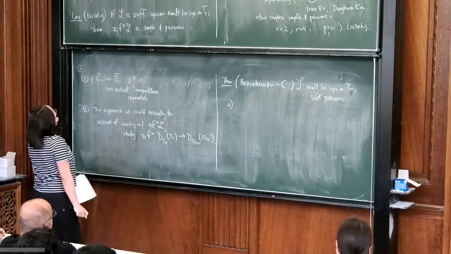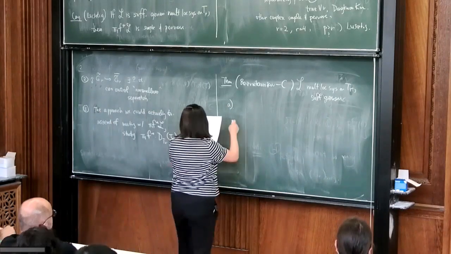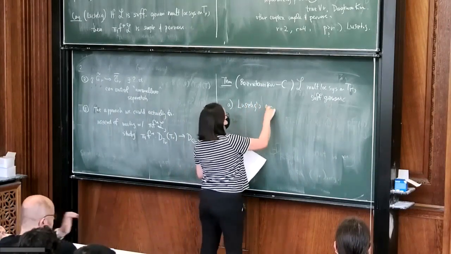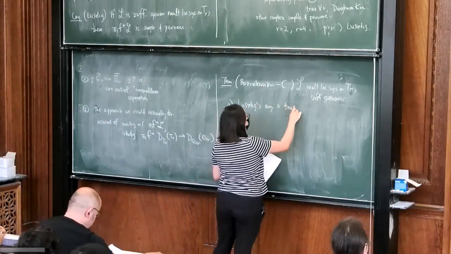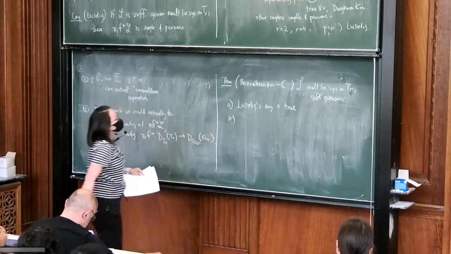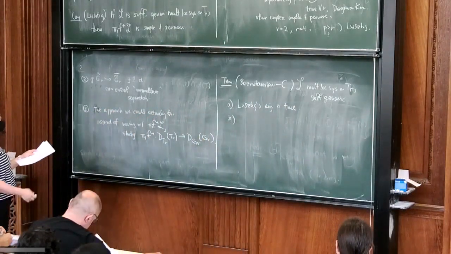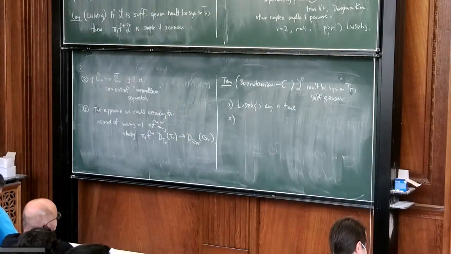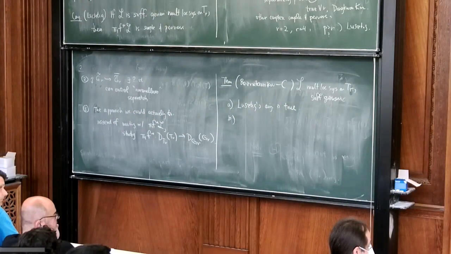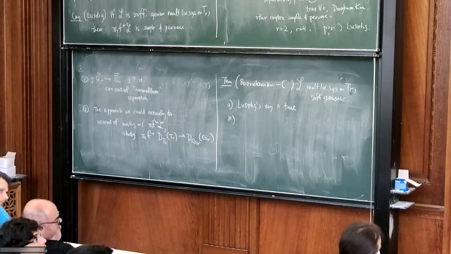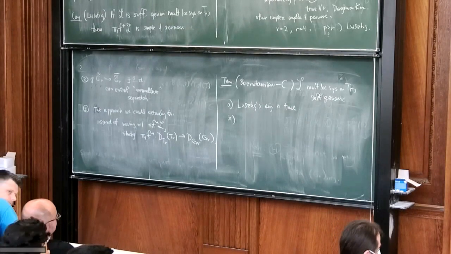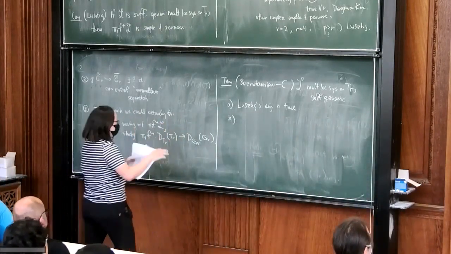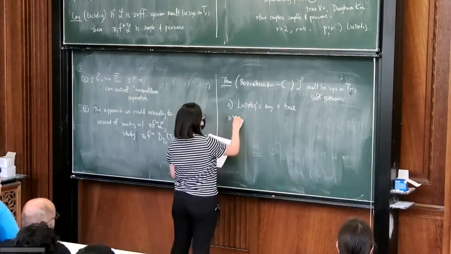So the first part of the theorem is that Lusztig's conjecture is true. So very happy. The second part of the theorem answers the R analog of this quote right here. And basically more or less follows from the conjecture being true.